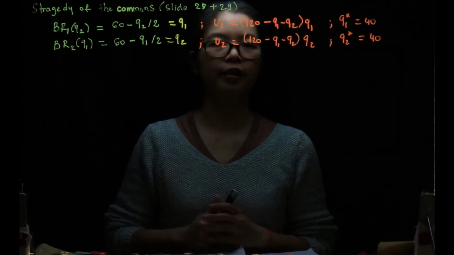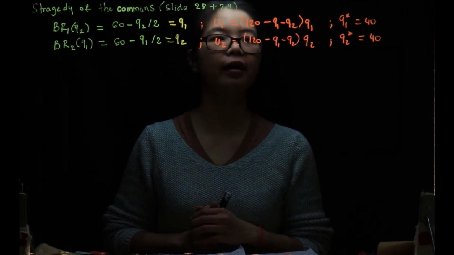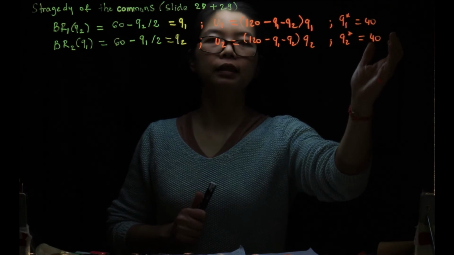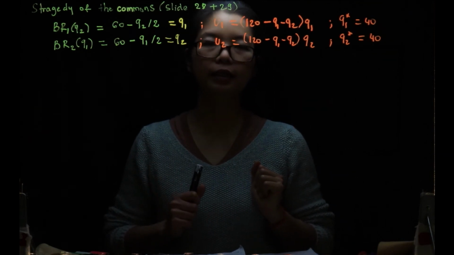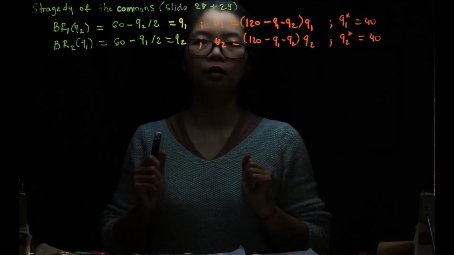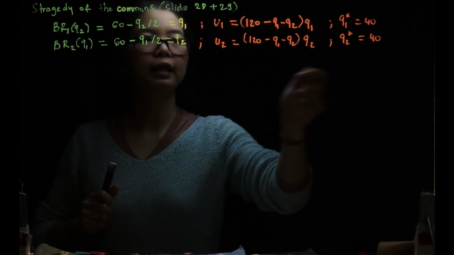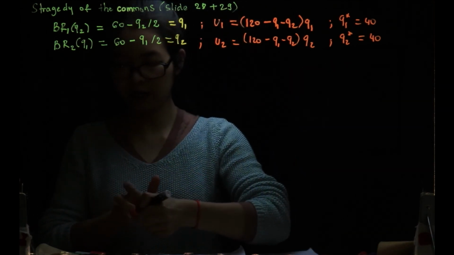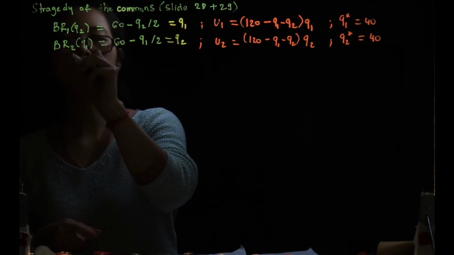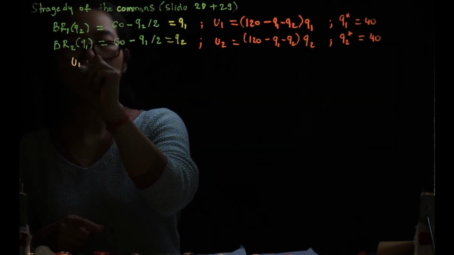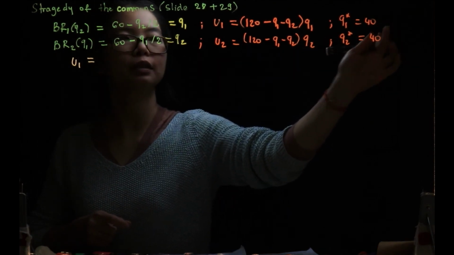Now one last thing to realize with this game is that the quantity at the Nash equilibrium is not necessarily the best for each of the herders. To see that, let's first calculate the payoff. So we have U1 with this Nash equilibrium quantity.